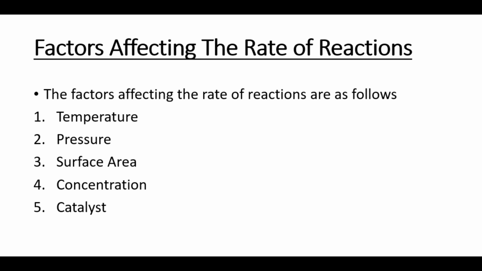We will be discussing the four main things from here, which are temperature, pressure, surface area, and concentration. In one of my previous videos, I talked about catalysts, so please make sure to watch that first.